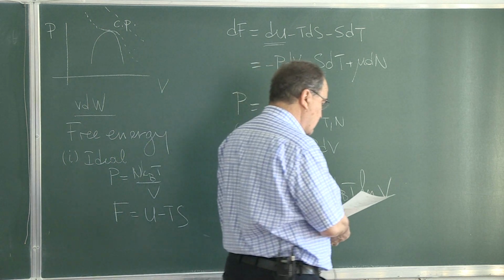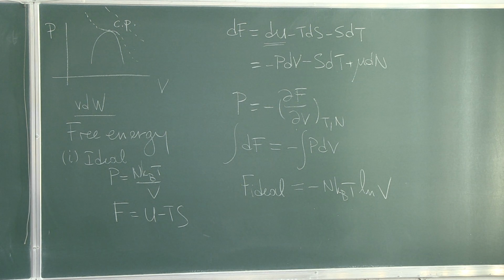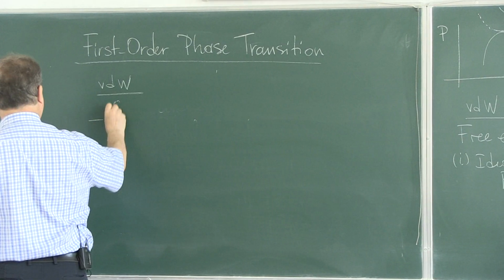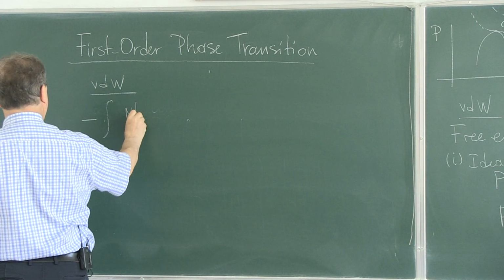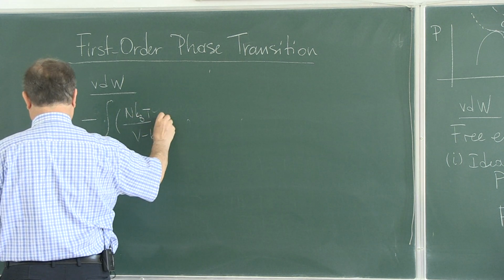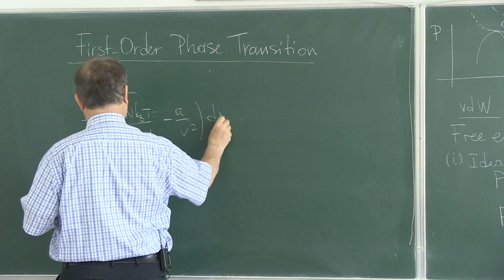Now, in the van der Waals case, this is modified, of course. Let's do that. Van der Waals pressure. Well, now we have an integral like this: NkBT over V minus b, minus a over V squared, dV.